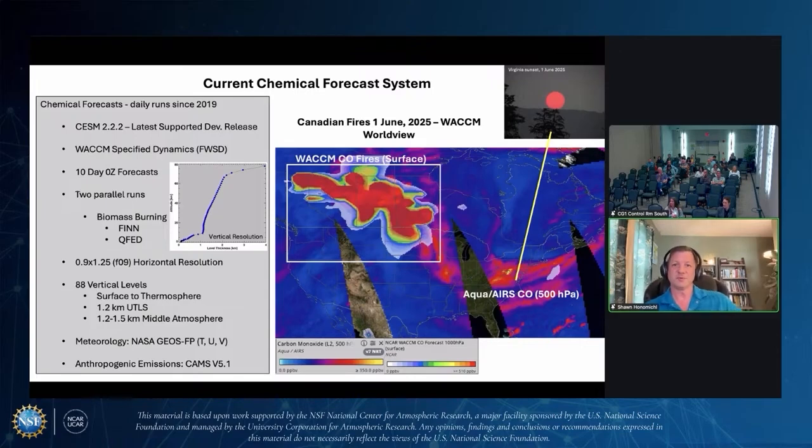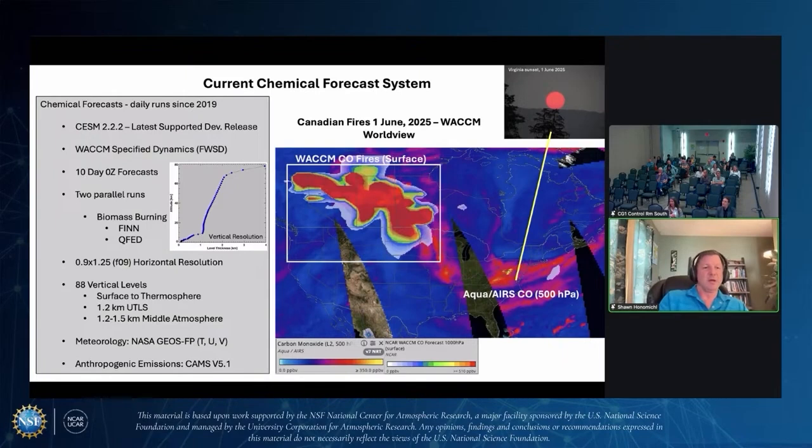This one's specifically from June 1st, and it shows the WACCM CO fire forecast product in the white box, and it's overlaid with the AIRS Aqua CO up in the middle troposphere. It's just a nice example of how you can merge these two products together in the Worldview and visualize what's going on.